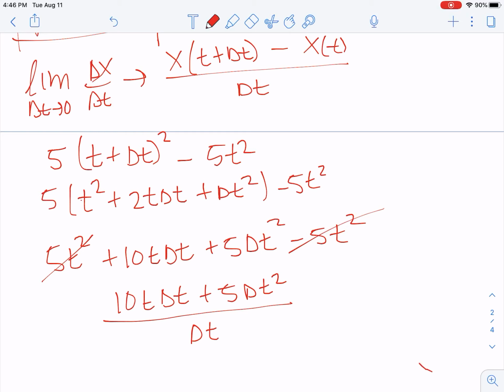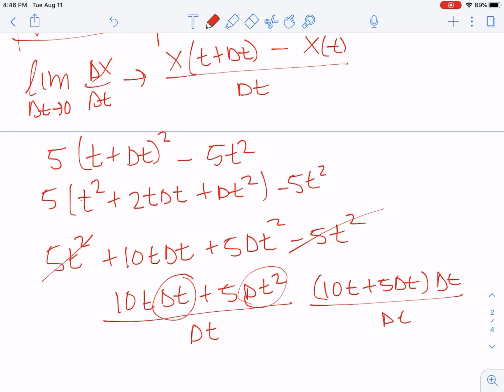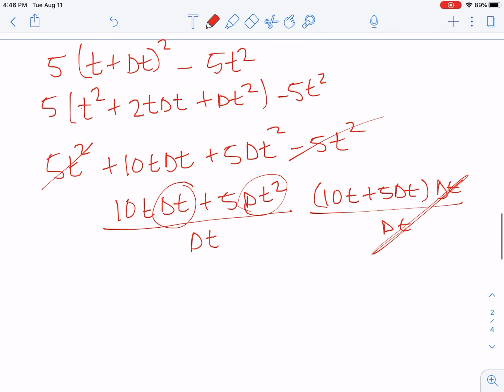So what I can really do is factor out this delta t here. I have 1 here and I have 2 here. So that's going to give me delta t times 10t plus 5 delta t, because I had 2 of them there, and then I can put that delta t to the front over delta t. The really cool thing about that is now those cancel. I've finally gotten rid of that denominator, so I can let my delta t go to 0 now.